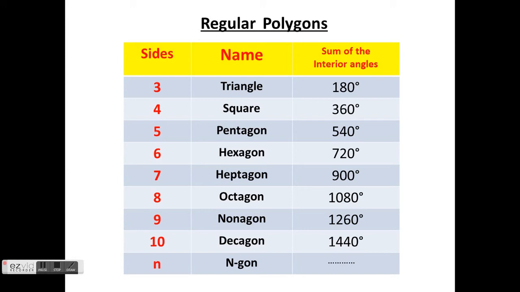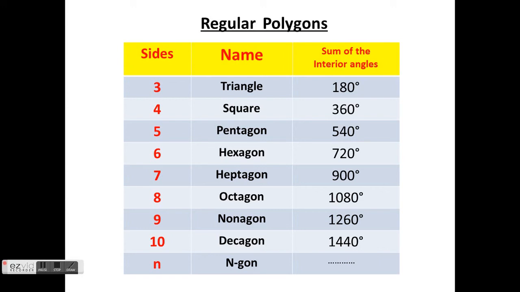For a square, rectangle, all the quadrilaterals with 4 sides, the sum will be 360. Like that, pentagon, hexagon, heptagon, octagon, nonagon, decagon, all are given. If a polygon has n sides, it is called an n-gon. You need not worry about the sum of the interior angles. We have got a formula.